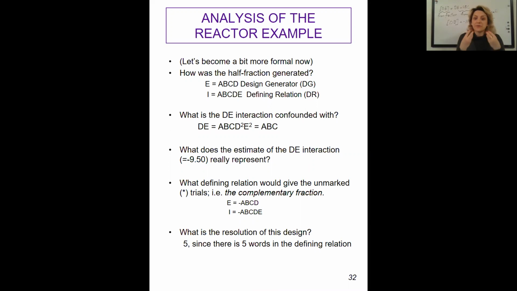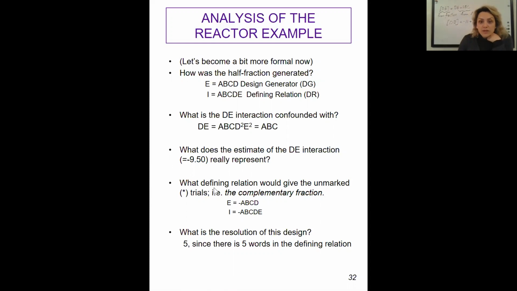It really represents the combination of DE and its confounding pattern in the full factorial. In the full factorial we had DE plus ABC, so these two were confounded. If you add their values, it gives you the value that you would get for the fraction. So that's the meaning of it.